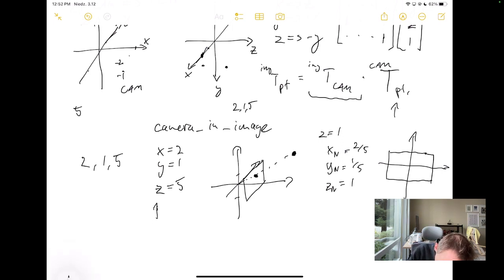I can choose minus 1 and 1, and then this point in the image would be something like, x goes to the right, 2/5. So if 1 is here, 2/5 is here. Oh wait, I drew this incorrectly, right? It goes down. So like here, and then 1/5 down, like here. This would be our point, and this is all in the image frame.